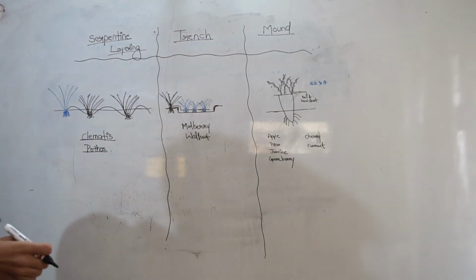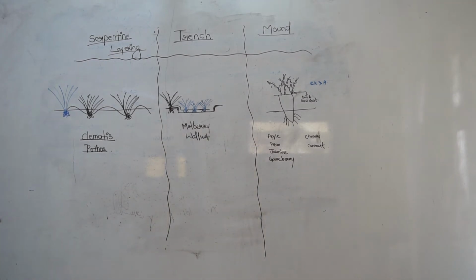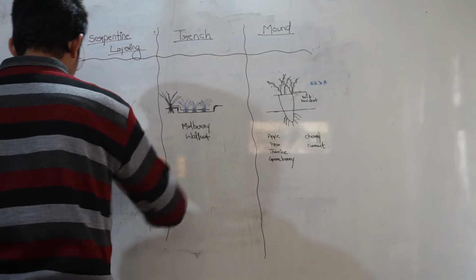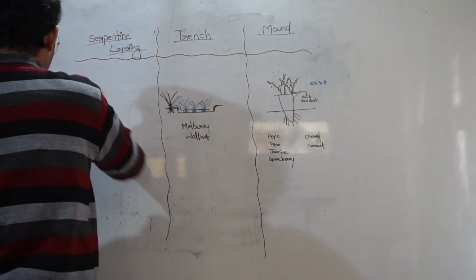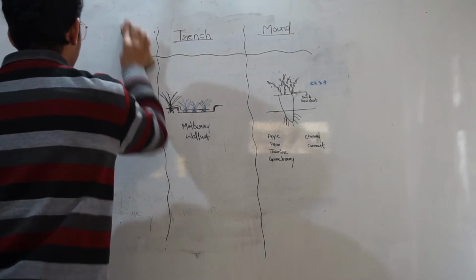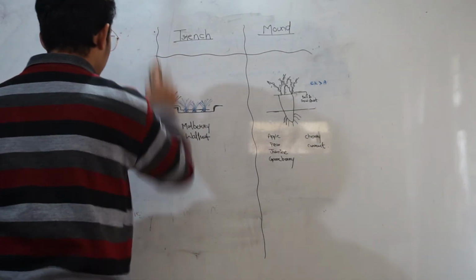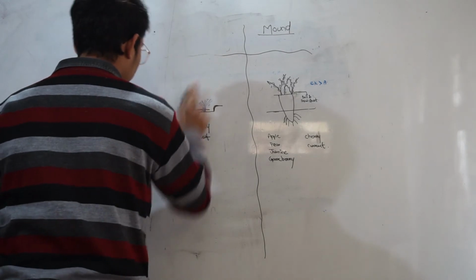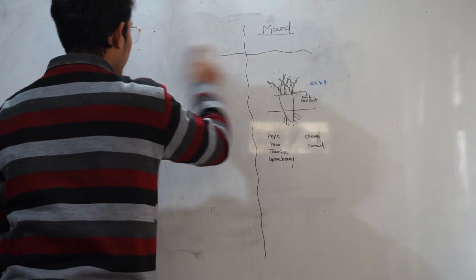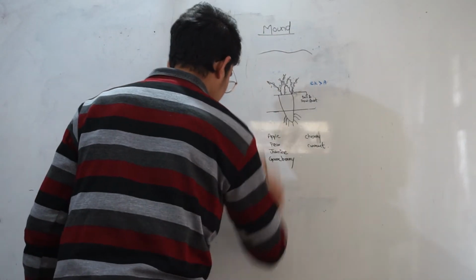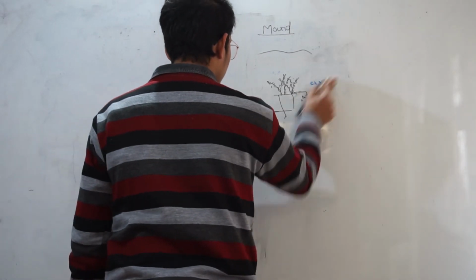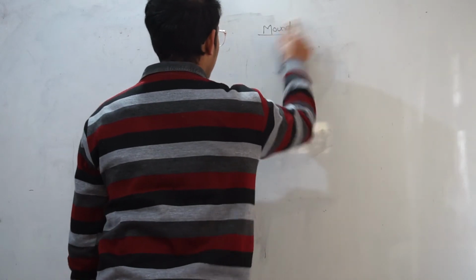So these are the examples of mound layering. So this is all about the soil layering.